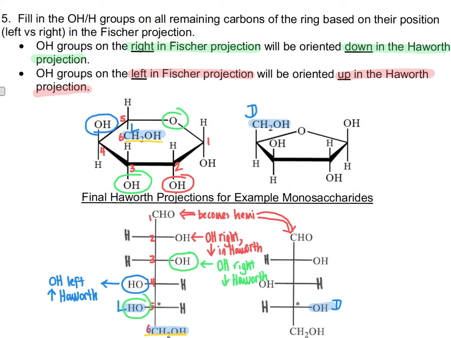So now, at this point, we have finished drawing the Haworth projections of this sugar molecule here. We could also have done it for the sugar structure over here using the same guiding principles.